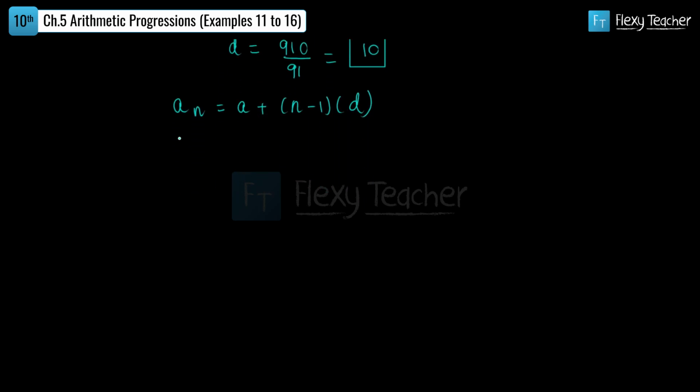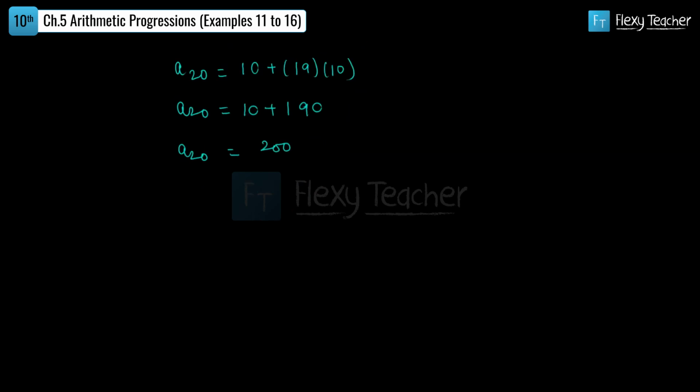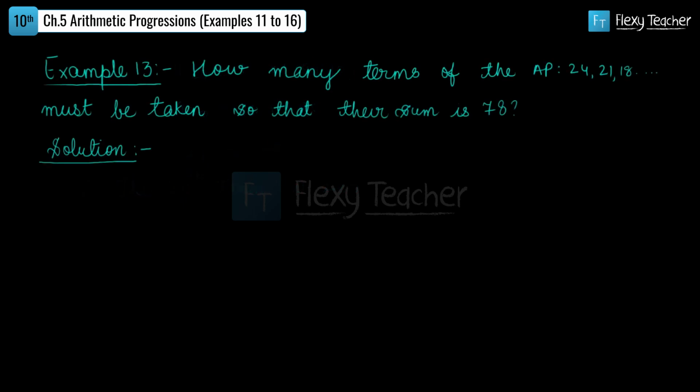So a20 is equal to a is 10 plus n minus 1, that is 20 minus 1 is 19 into D is 10. So a20 is equal to 10 plus 190 and a20 is equal to 200. Therefore, the 20th term is 200.